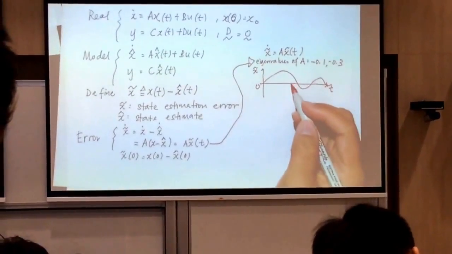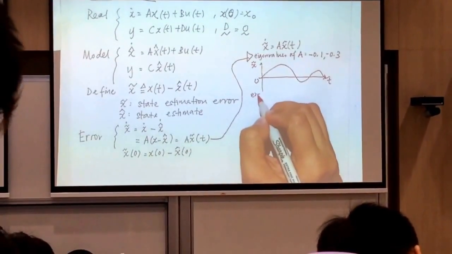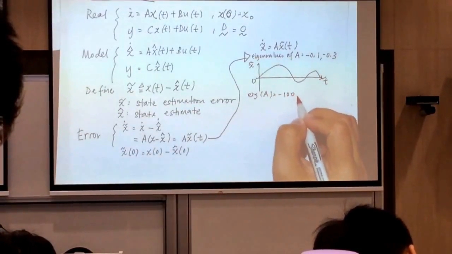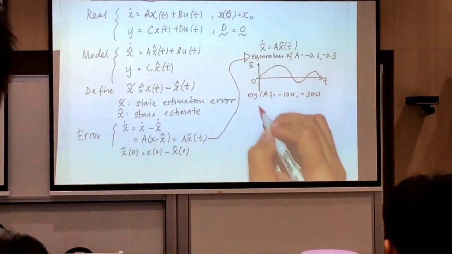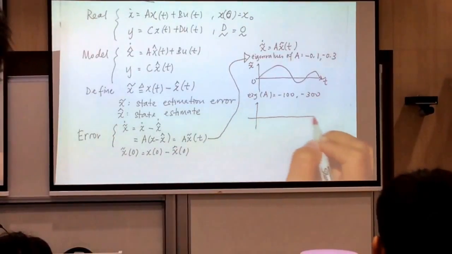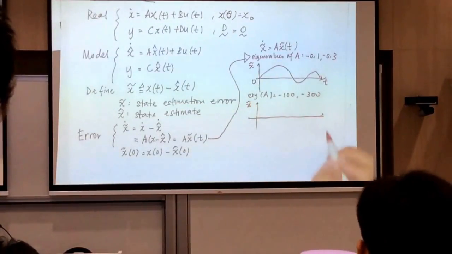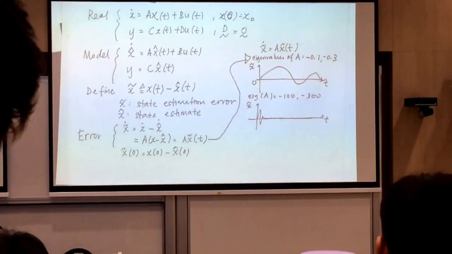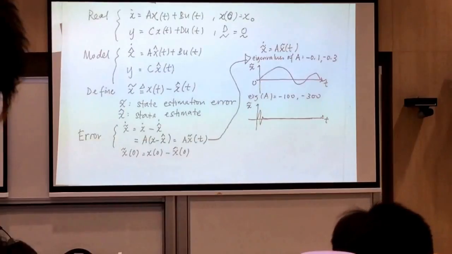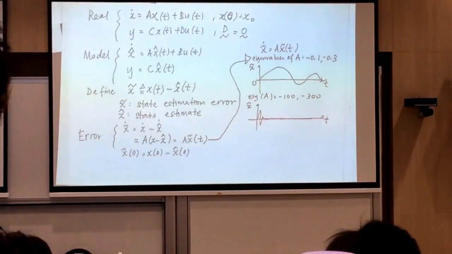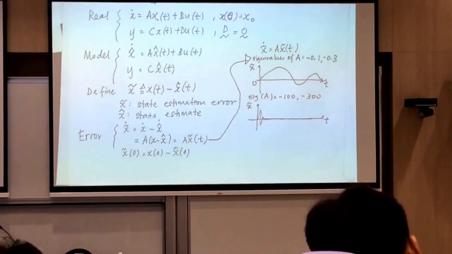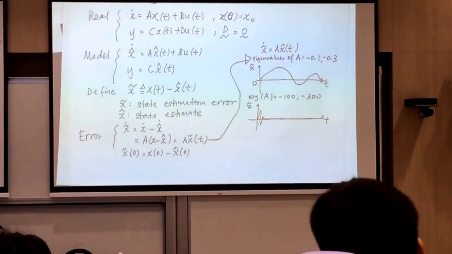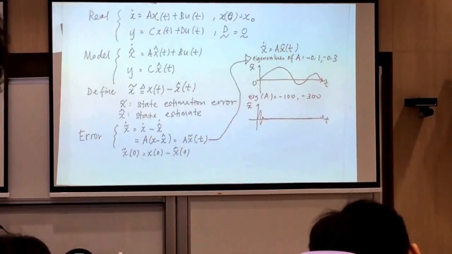Versus eigenvalues of A being minus 100 and minus 300, where x tilde of t will go to 0 quickly. Because there's no input, no reference, nothing, the only thing it can do is decay to 0. The only question is whether it decays very fast or very slowly.